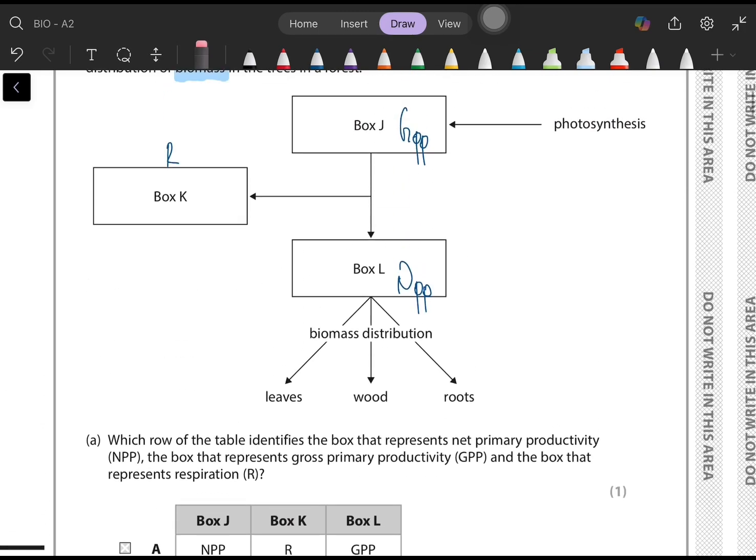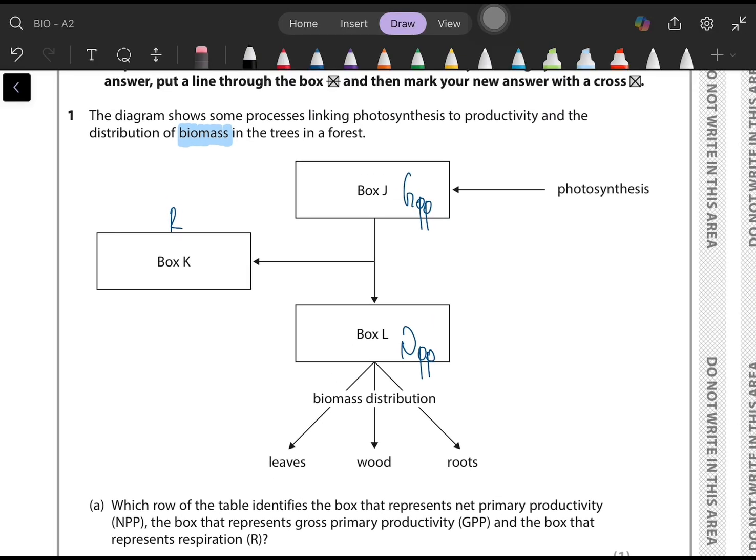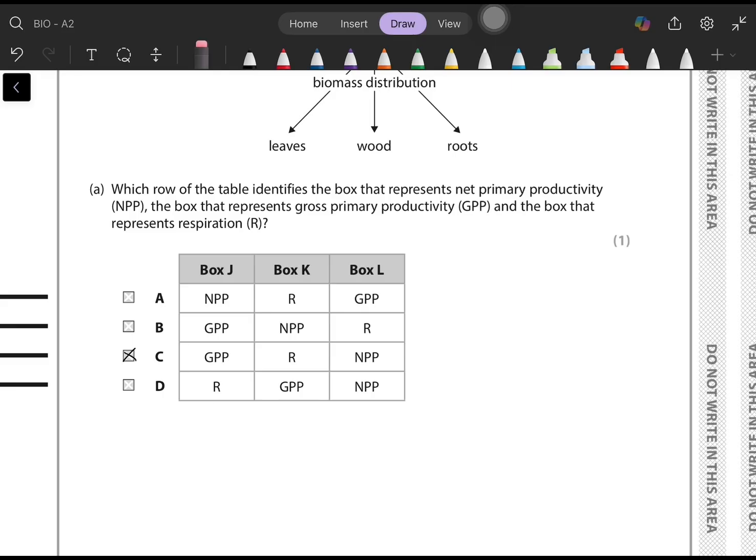It says which row of the table identifies the box that represents net primary productivity, NPP, the box that represents gross primary productivity, GPP, and the box that represents R, respiration. So as you have seen, we have marked this up. J is going to be GPP, K is going to be respiration, and L is going to be NPP. So here the answer is going to be C.